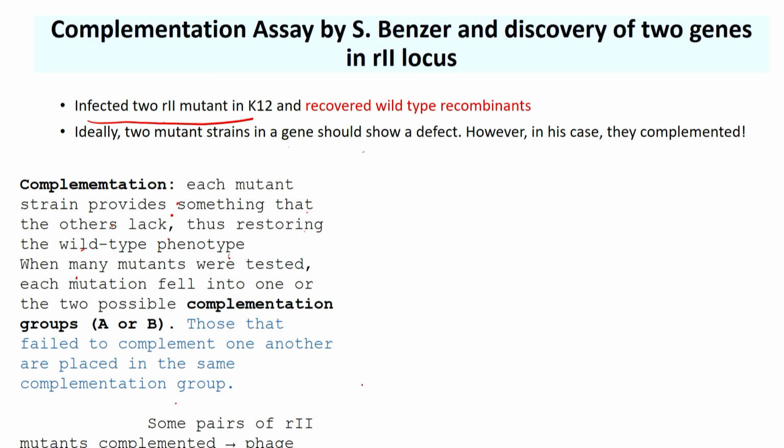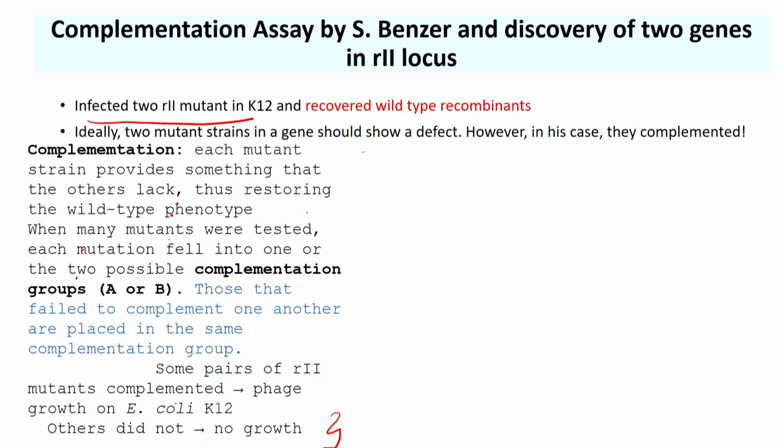So that is what I have written. Somehow this text is not being shown properly, but some pairs of R2 mutants complemented. As I have shown you, complementation is where each mutant strain provides something that the other lacks, thus restoring the wild type phenotype.